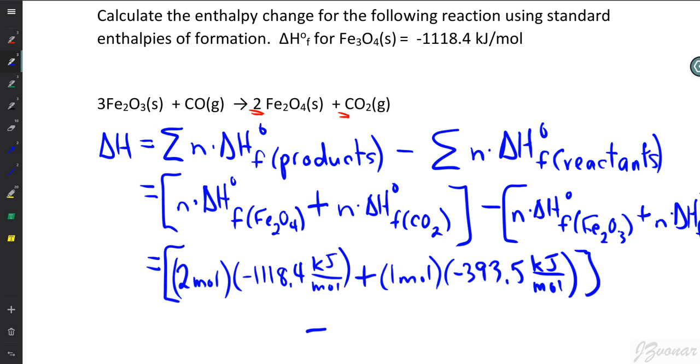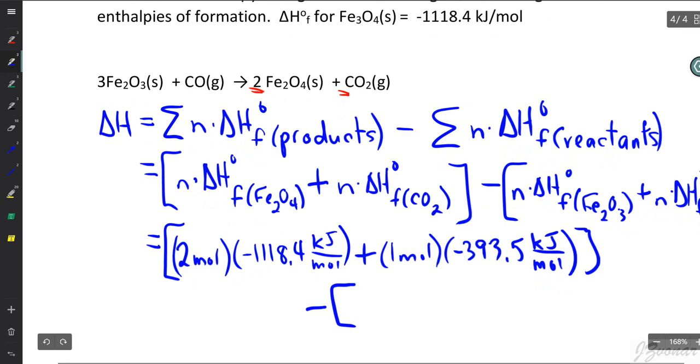I'm going to now subtract my reactants. And my reactants are Fe2O3, iron 3 oxide, which has 3 moles, which is right here.